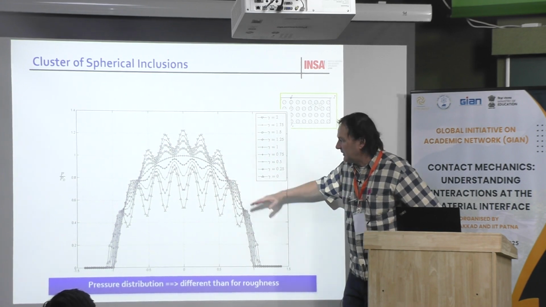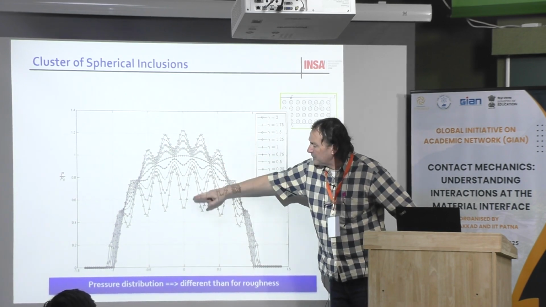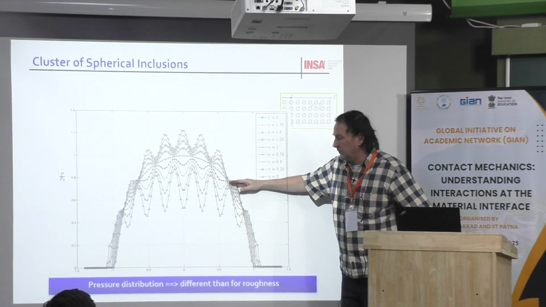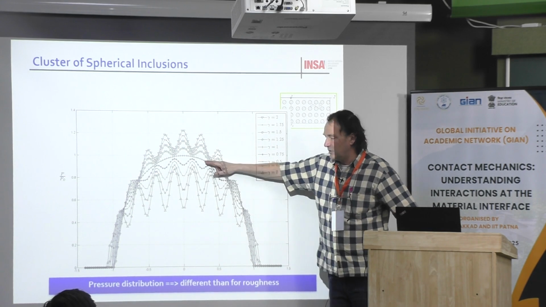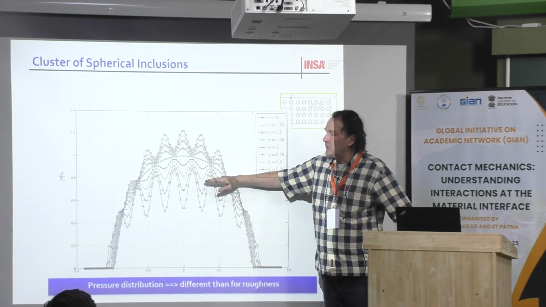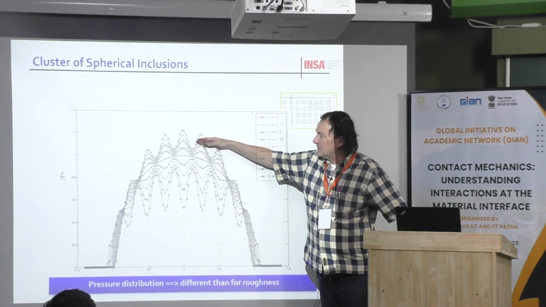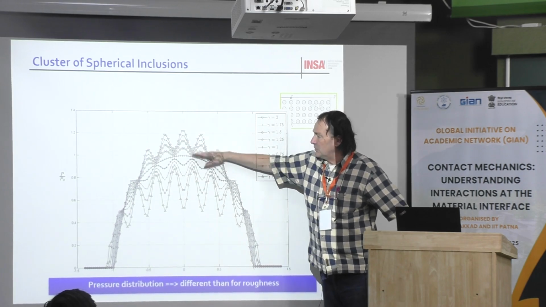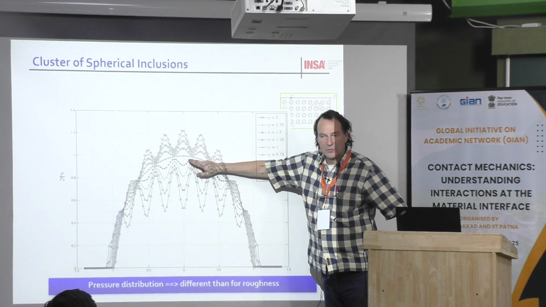Okay? But here you can see that when you have softer inclusions, the mean pressure is lower than the Hertzian one. And when you have stiffer inclusions, the mean pressure is higher than the Hertzian pressure.